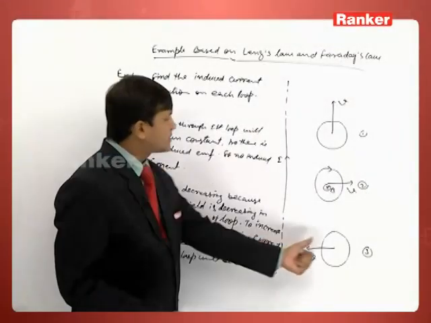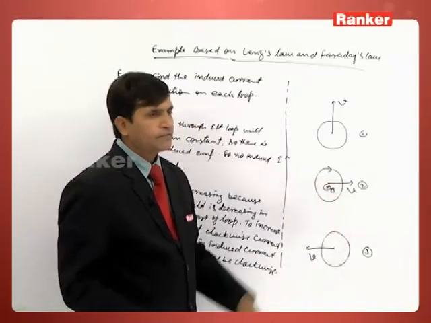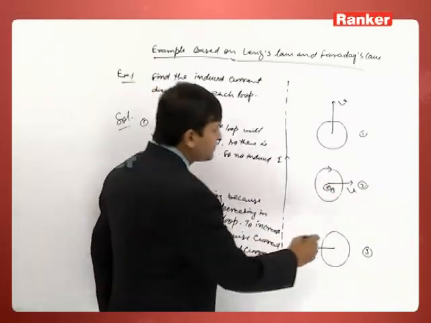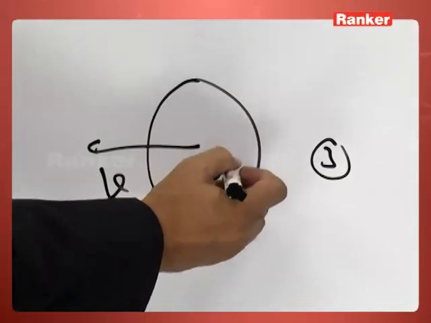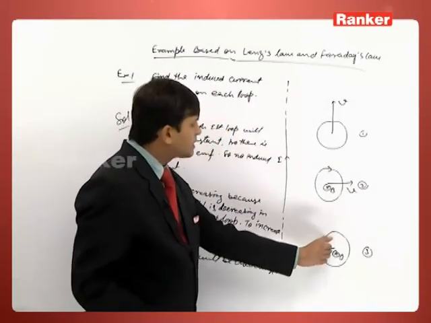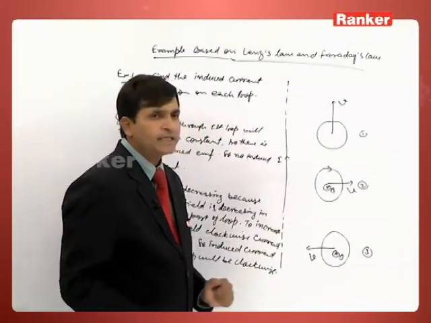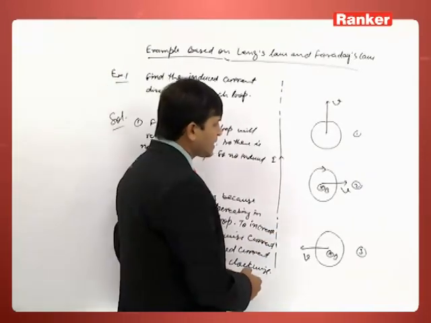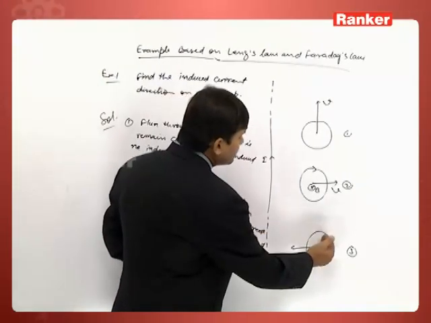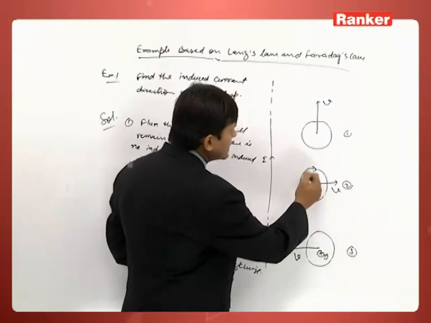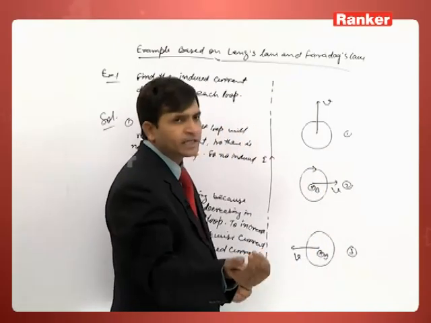Similarly, the third is just the opposite case of the second. Here the field is also inward, but the loop is moving closer, so that field increases. So to decrease that field, the field produced by the induced current should be in the outward direction.